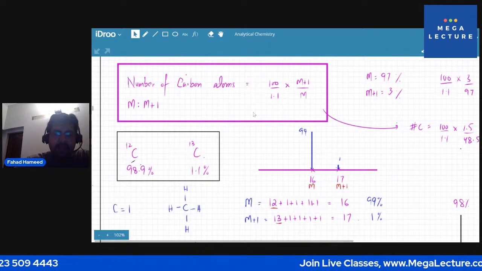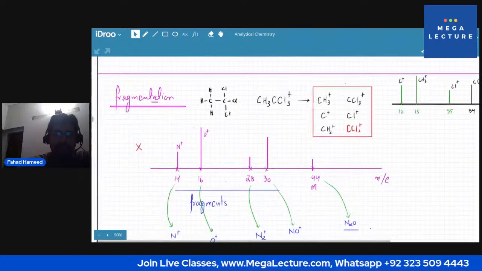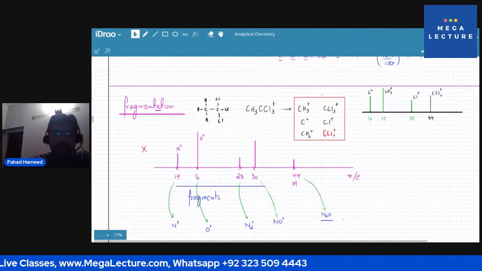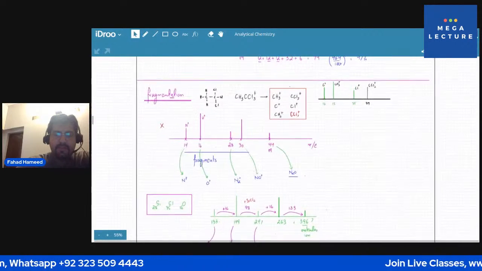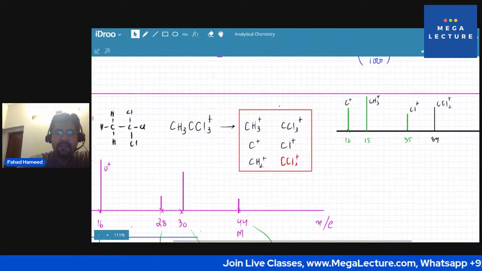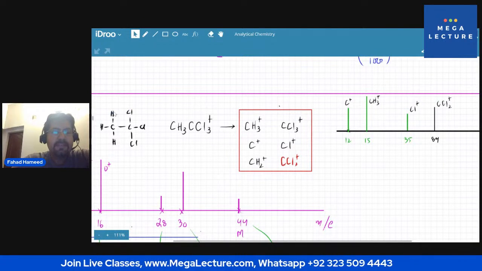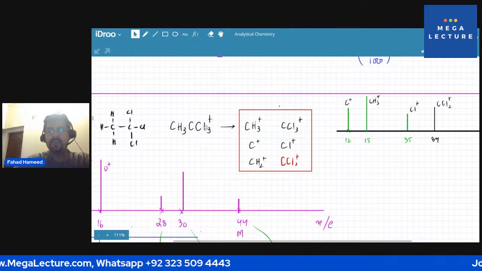That's it. So we're going to briefly talk about fragmentation now. So let's focus on this. I'm doing a mass spectrum of this molecule over here, which is CH3CCl3, and that's the molecular ion.